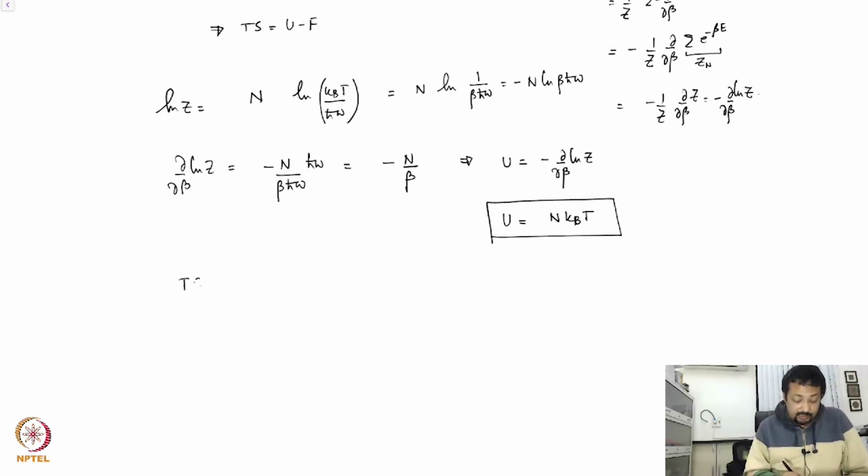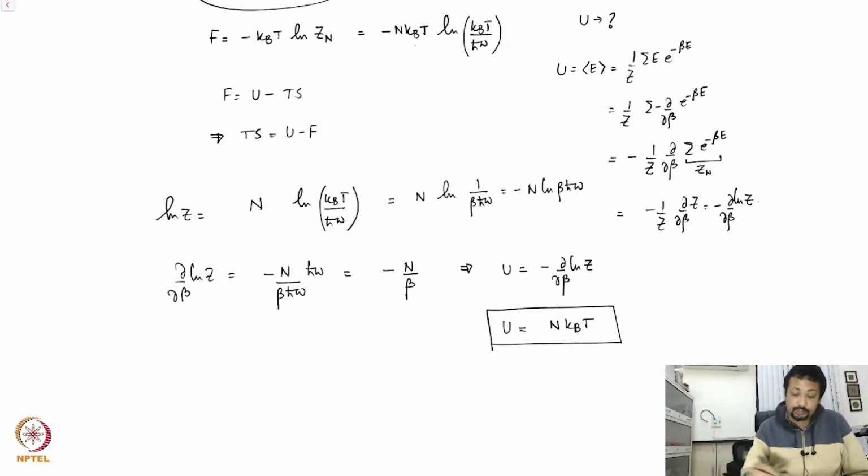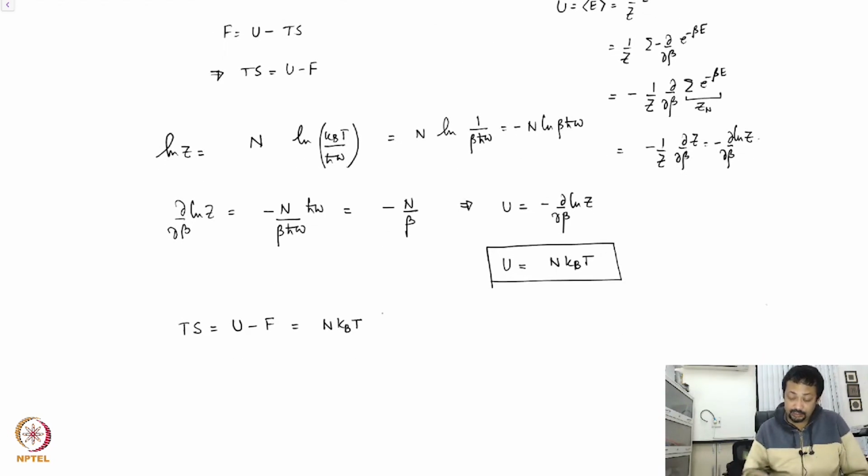Now TS then becomes U minus F, so that I have this as n kBT, and F was minus n kBT ln of kBT over h bar omega, so that this becomes n kBT ln of kBT over h bar omega.